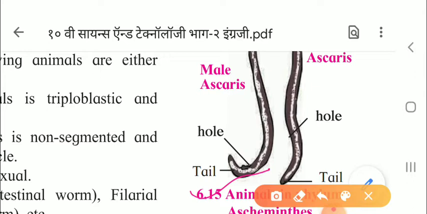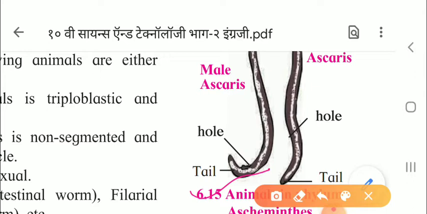In the female Ascaris, on the top the mouth is there, then the genital aperture is there, then again it also has a tail, but before the tail one hole is there. So this is all about the animals in phylum Aschelminthes.